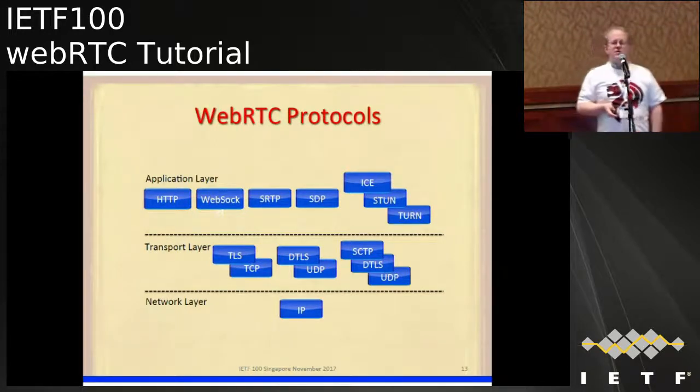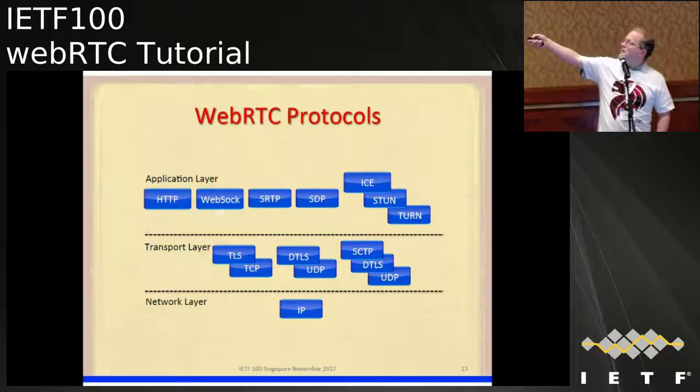Just briefly on protocols, I'm not going to go through these in detail. These are all the protocols that end up getting used at some point and in some way with WebRTC. I do want to call out a couple of them. The main thing I want to point out is that media is sent using SRTP, and that actually sits here basically, using DTLS for UDP packets.